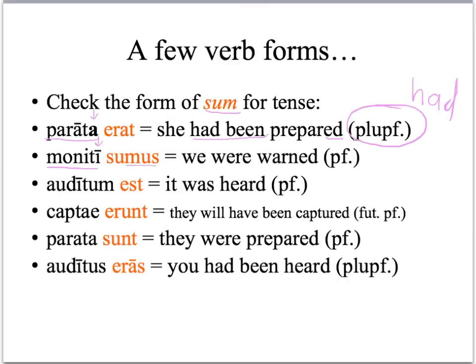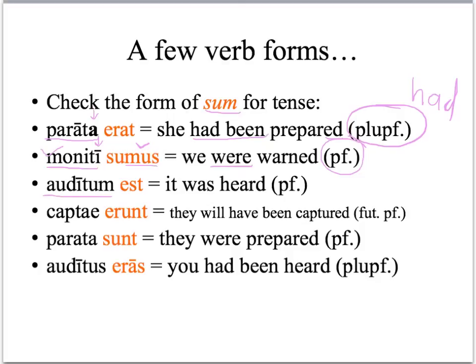So sumus is a first-person plural verb. The adjective needs to be plural. We were warned. Perfect passive participle plus the present of sum makes this perfect passive. So we were warned. This could also be we have been warned.